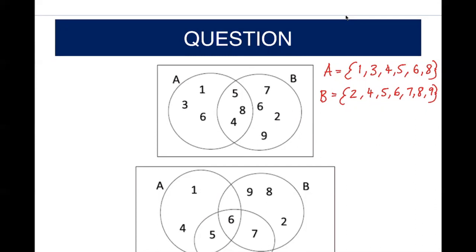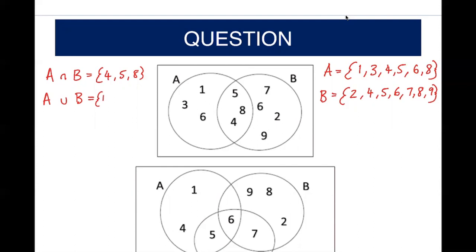Then we've got to find the intersection. So A intersection B is, curly brackets, 4, 5, 8. And the union, so A union B, so remember the union is everything put together. This is going to be quite a lot longer. Curly bracket, I might even run out of space.